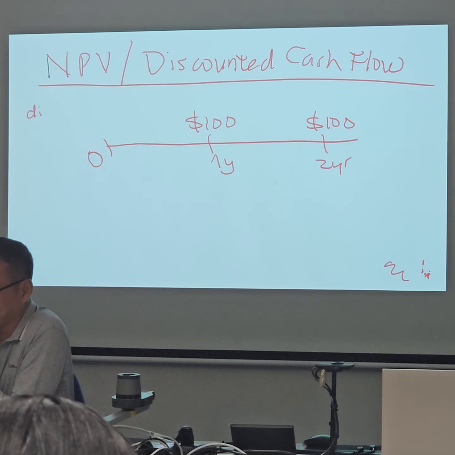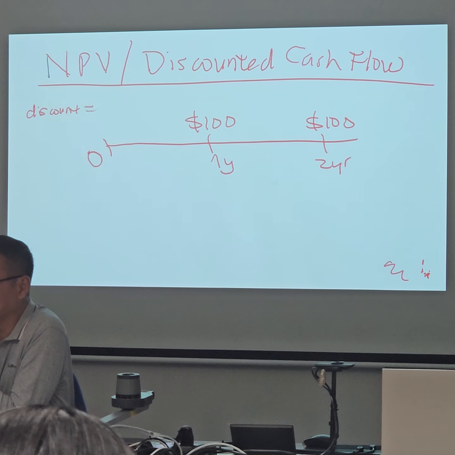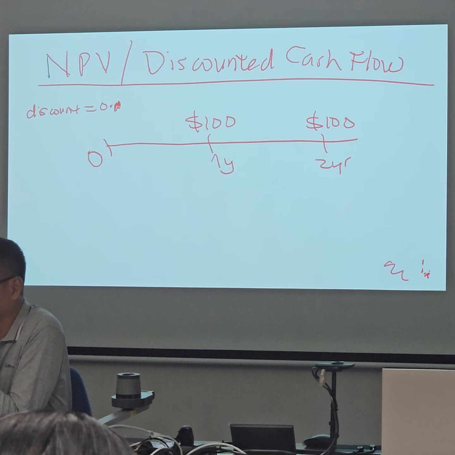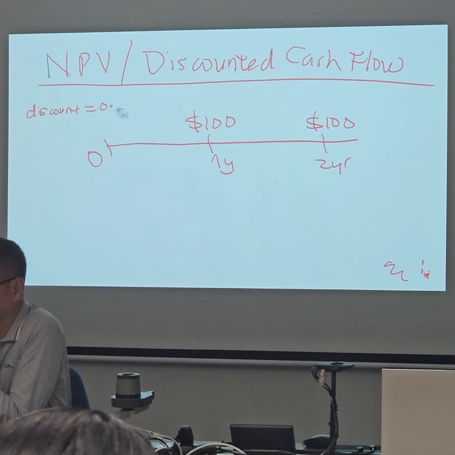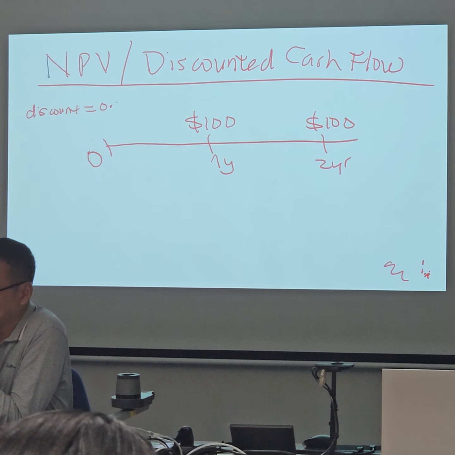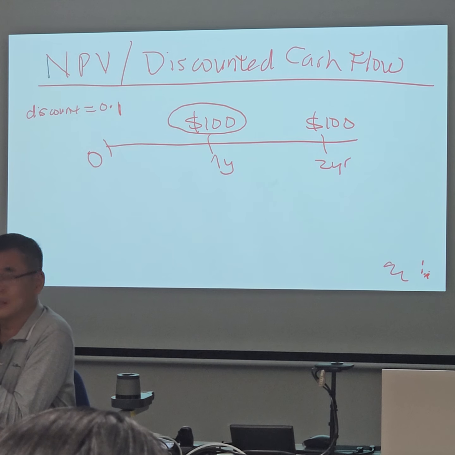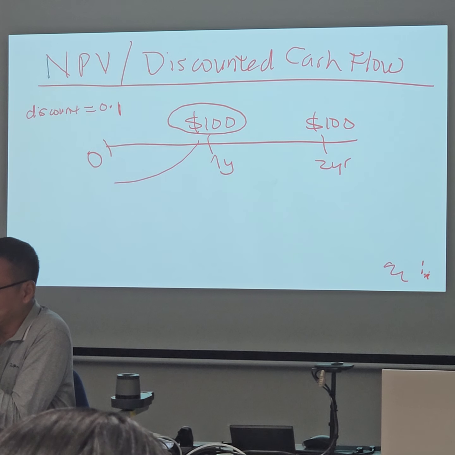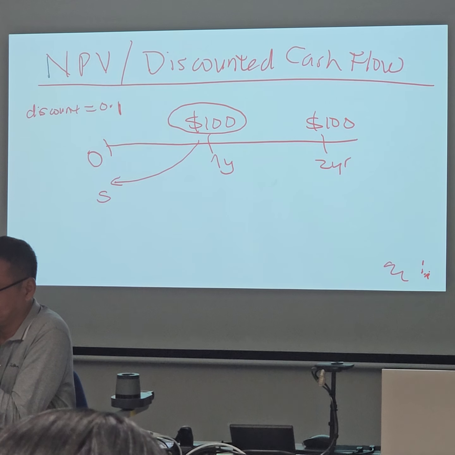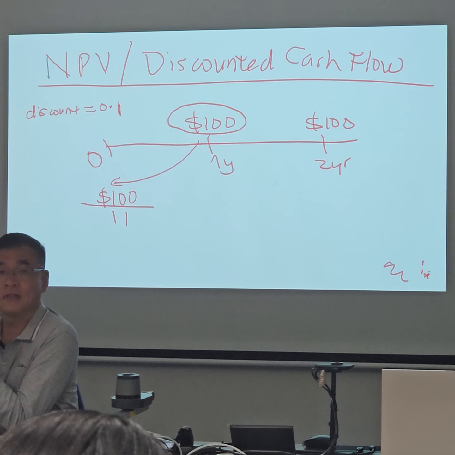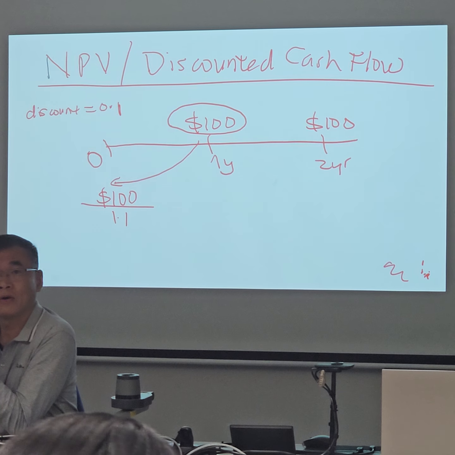Okay, it's like the interest or the inflation. Let's say this is 0.1. So $100 here, listen, is worth divided by 1.1. Understand? Follow?